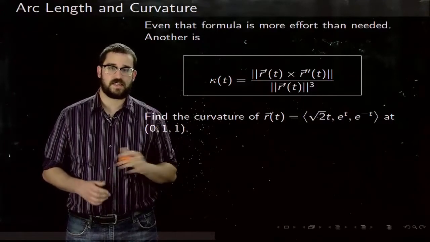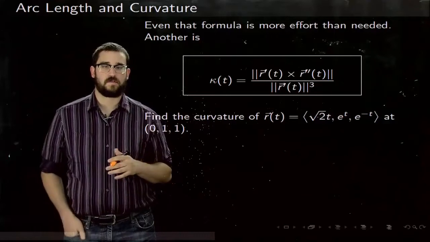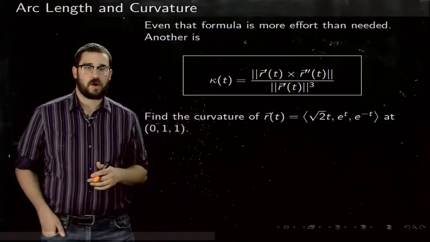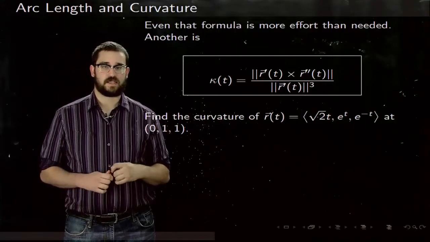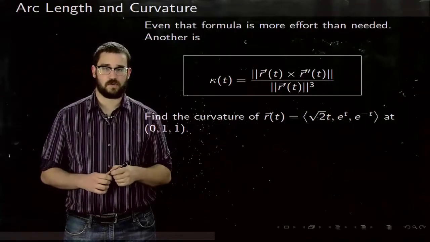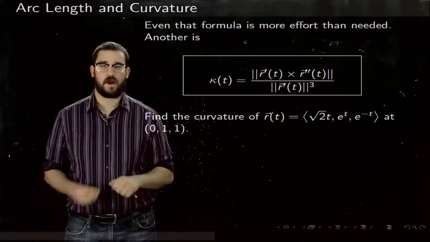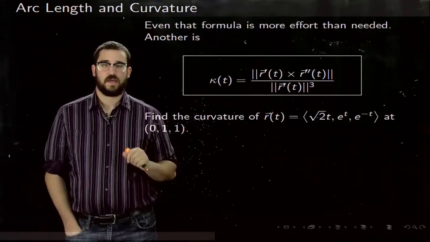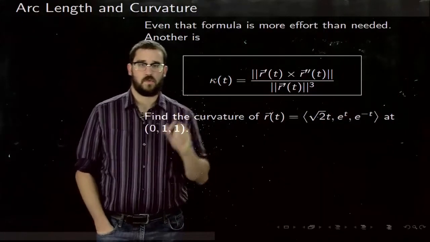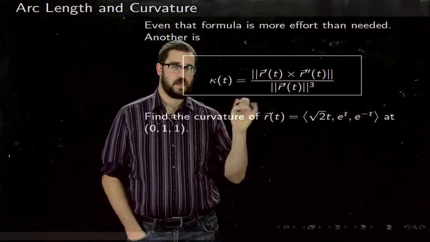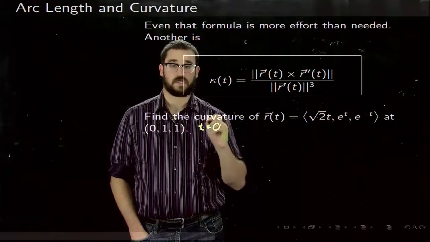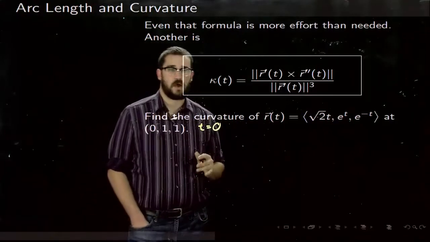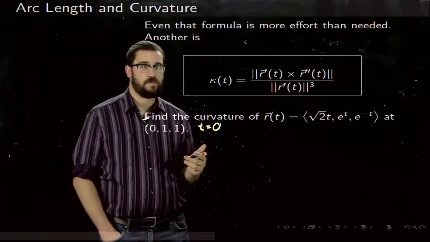So using this, let's find the curvature when r of t is equal to square root of 2 t, e to the t, e to the minus t at the point 0, 1, 1. Well, let's figure out what the value of t should be. It's quite clear that we need to look at t equal to 0. So we need to find kappa of 0.